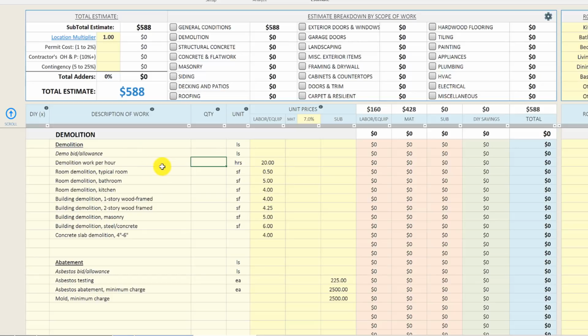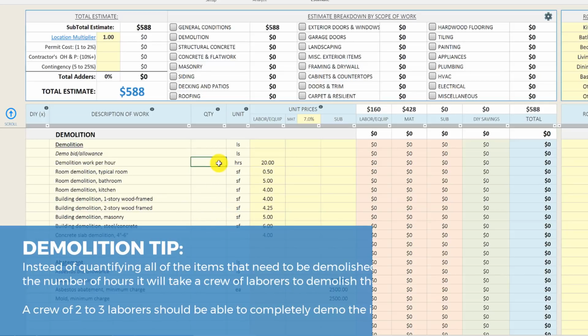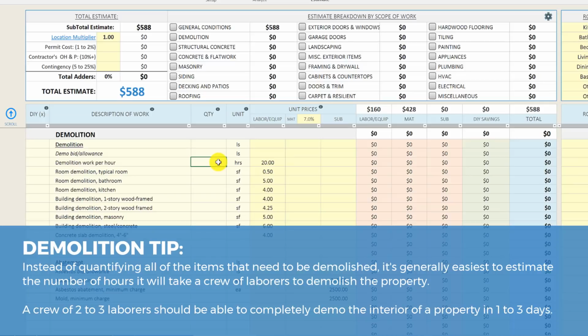So you can see we've got a bunch of different items in here. You can basically take it off by the room, so you could input the number of square footage for a typical room and it'll multiply out by your unit price over here. Same thing for your bathrooms, your kitchens. If you're tearing down an entire building structure, you can plug that in here as well. But generally what I do is I just estimate it based upon the number of man hours that I think it's going to take.